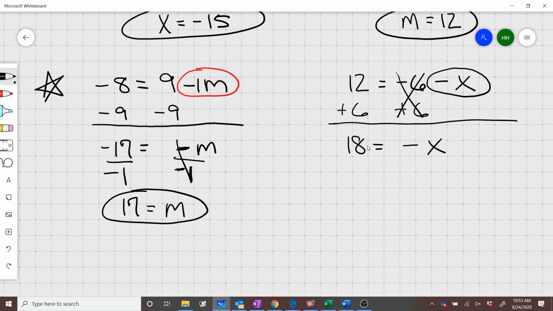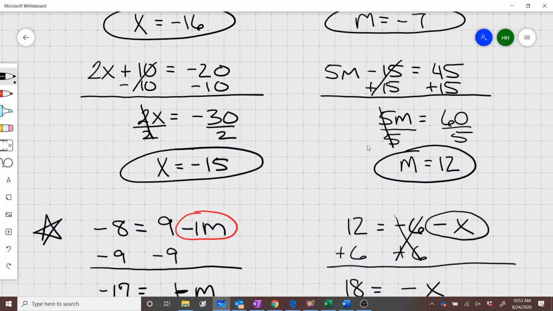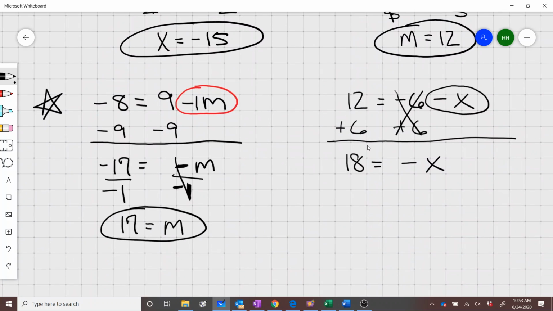That's why right here we divided by negative 1. See, up here we divided by 2 because there was a 2 in front of the x. Right here we divided by 5 because there was a 5 in front of the m. Alright? Right here we divided by negative 1 because there's a negative 1 in front of the m, but it's not written. It's implied.